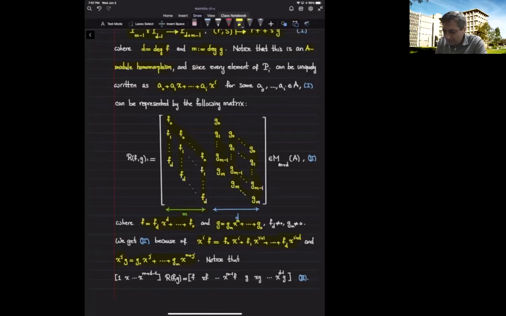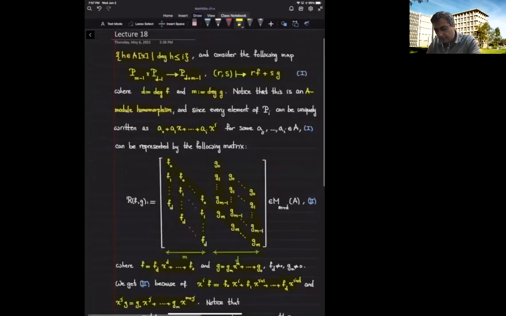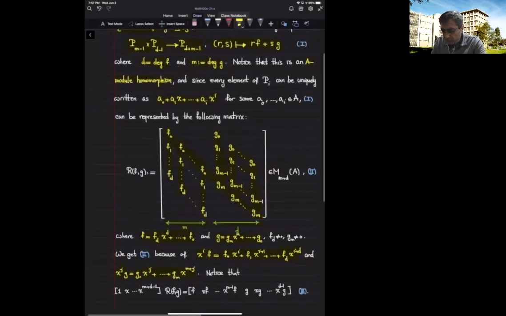This means that the diagonal of this matrix, we understand. I have f sub 0 on the diagonal m times, and then g sub m in the bottom part of the diagonal. So we start with the constant term of f, m times, and then the leading coefficient of g, d times. Okay, so this is a matrix representation of this linear map.